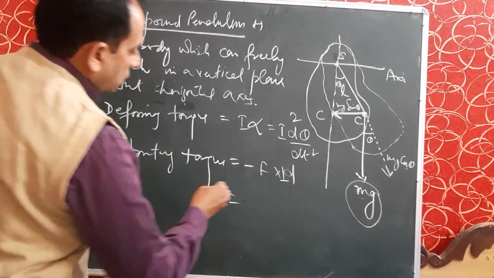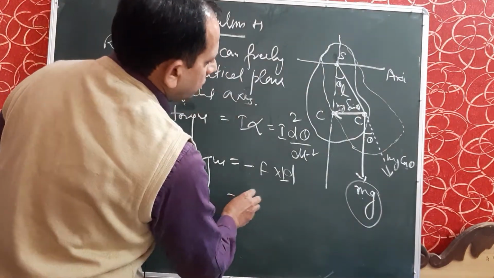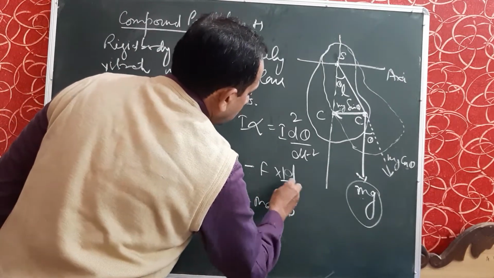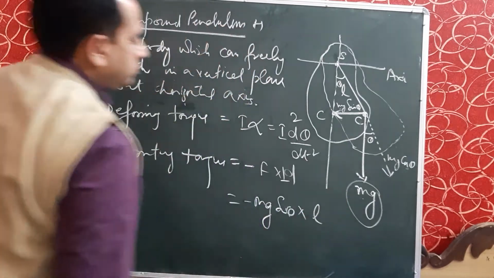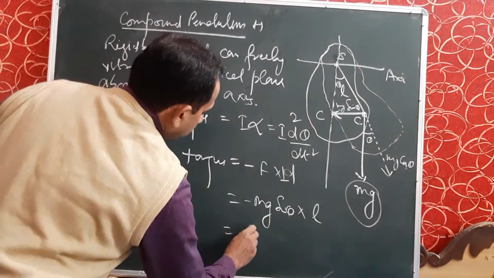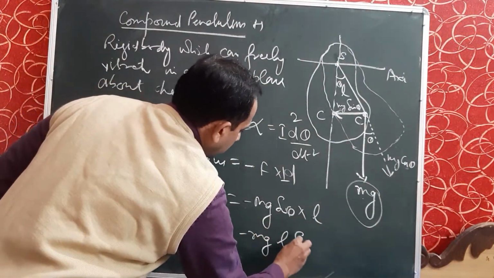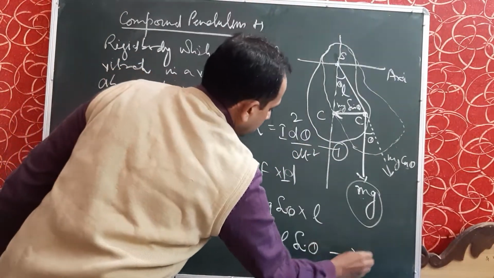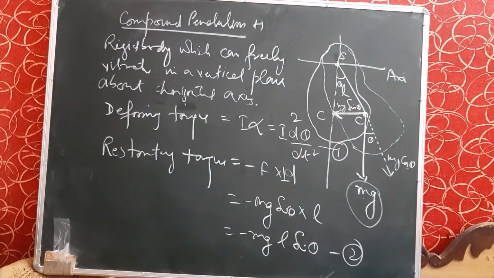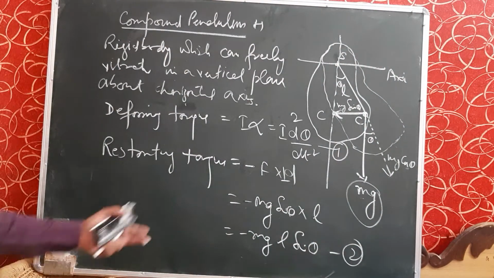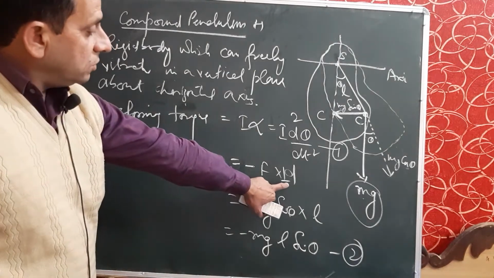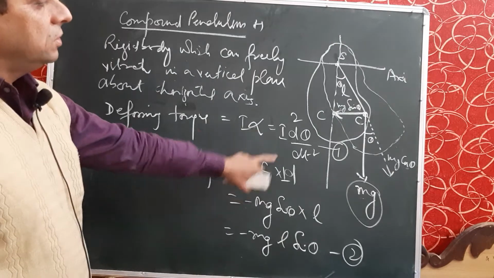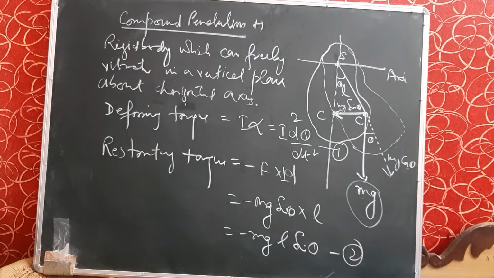This force may be written as minus mg sin theta into distance L. So it will become minus mgL sin theta. So there are two equations, equation number 1 and equation number 2. I have resolved the force into sine and cosine components.